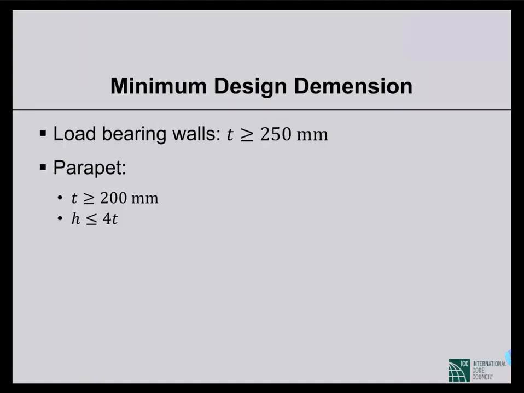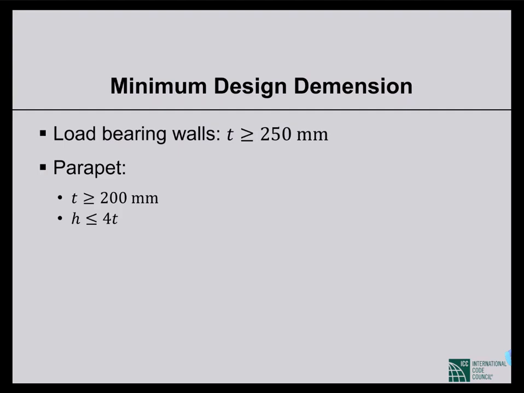Minimum design dimensions. This is very important. For load-bearing walls, the effective thickness of the wall must be greater than 250 millimeters, that is 10 inch. 5-inch walls cannot be load-bearing walls. If we want to design load-bearing walls, the minimum thickness has to be 250 millimeters or 10 inch.